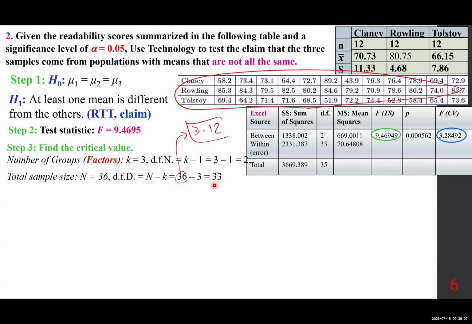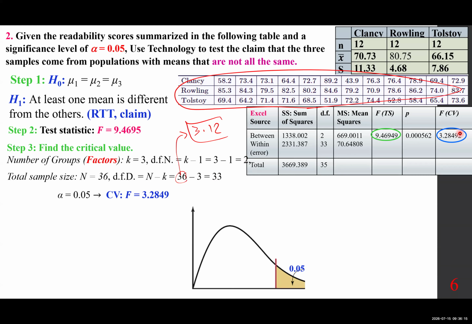And obviously, it's given to us: 3.2849. Clearly, the critical value is 3.2849, and the test statistic is much larger than that. It's way into the rejection region.